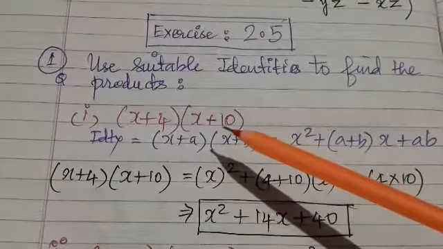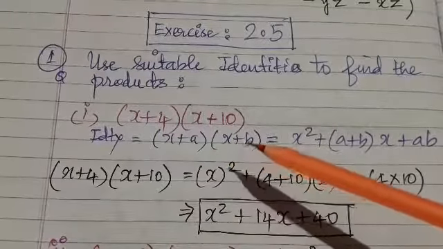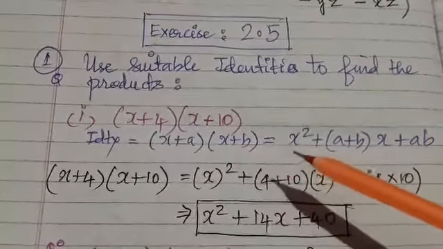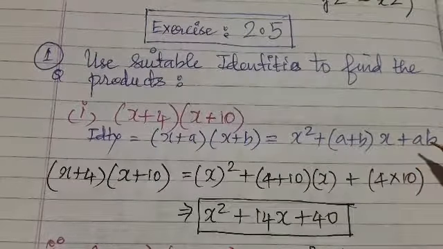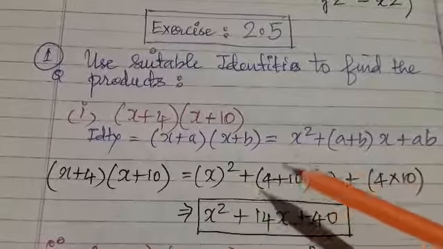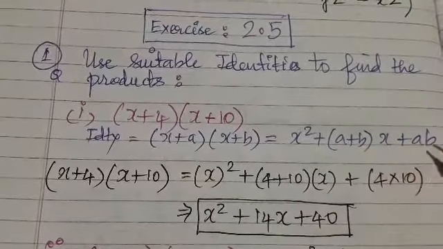What is the identity suiting for this one? The identity is (x plus a)(x plus b), that is equal to x square plus (a plus b) into x plus ab.